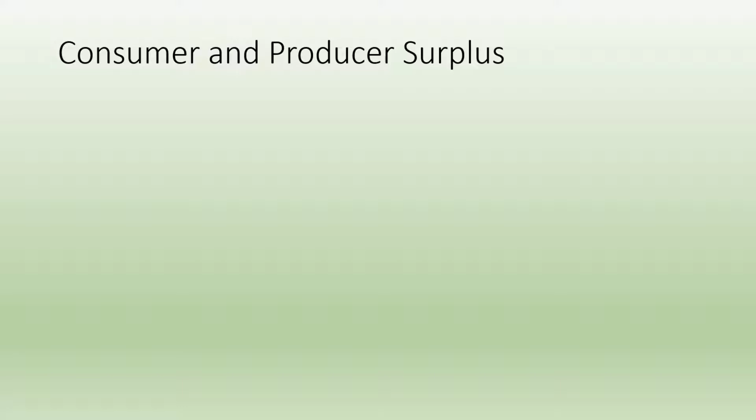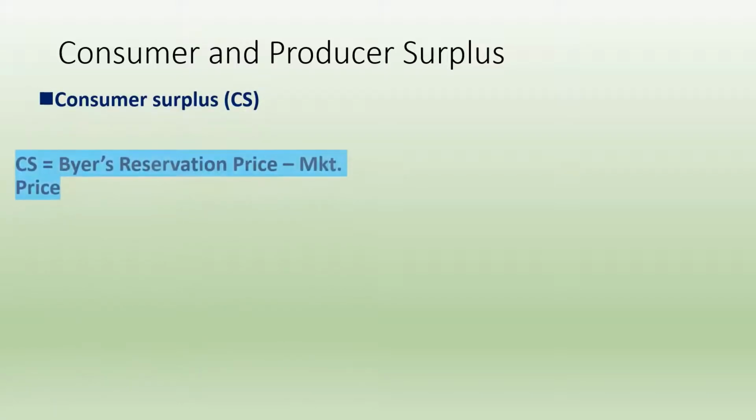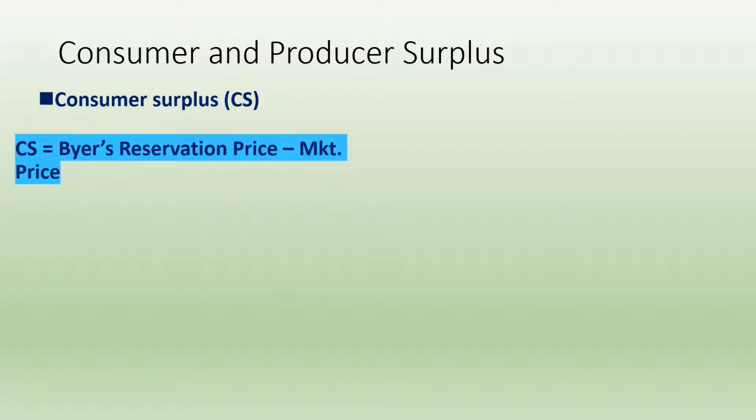Consumer surplus is basically the additional benefit which a consumer enjoys if he pays less than the price he is actually willing to pay. The maximum price a consumer is ready to pay in order to buy a good can be termed the buyer's reservation price.